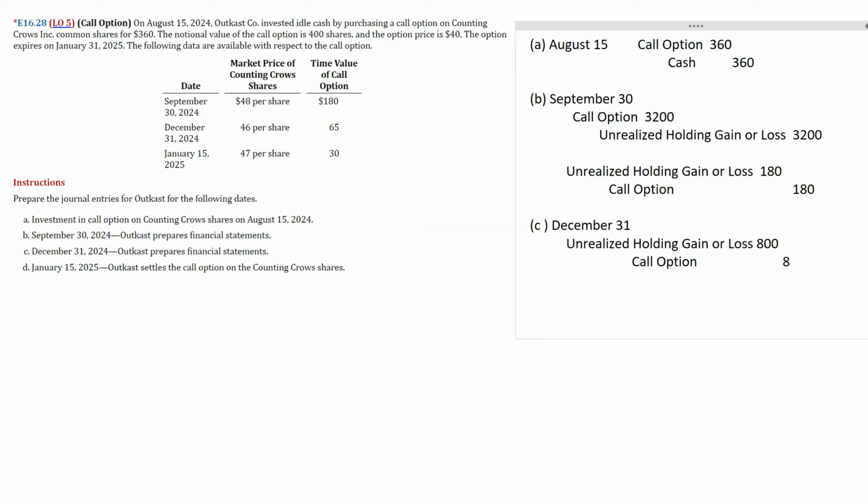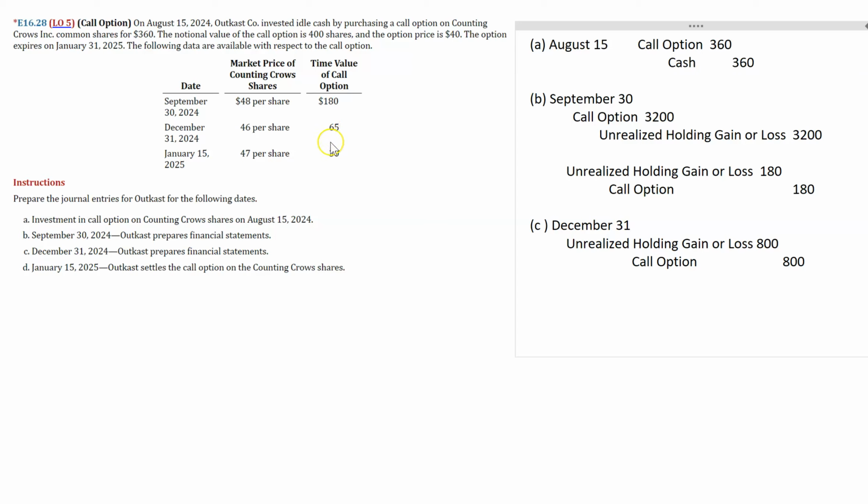We'll also check what is happening to our time value of the option, and you will see, and also we discussed earlier, as time passes, time value of option also reduces. So now if you compare these two, time value of the option reduced here from 180 to 65, which is a difference of 115.